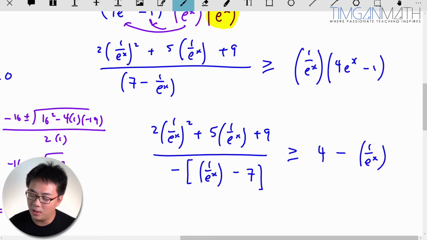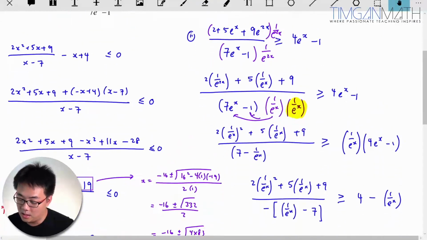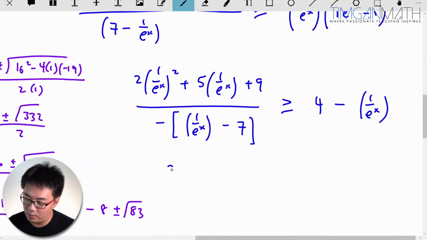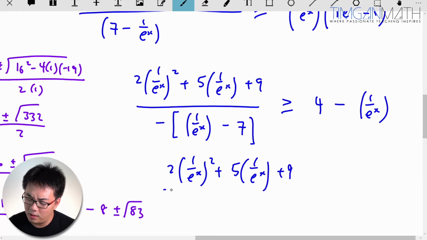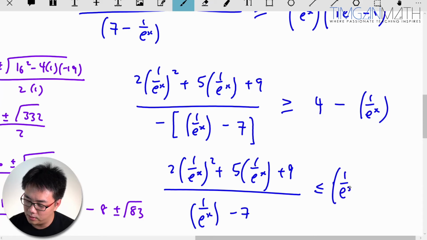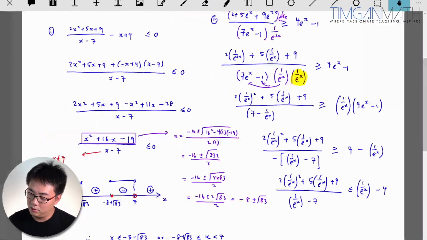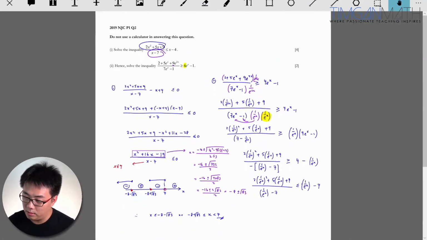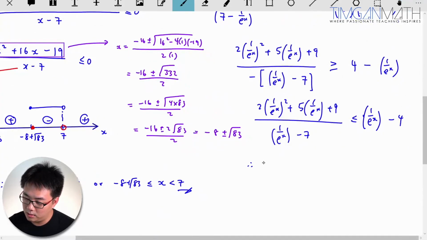You can see that what you need to replace is obviously 1 over e^x. Obviously in the exam you don't really need to write all this out. I'm just writing this out so that you can see what is being replaced. As long as you get it, you can just move on to the next part, because it's only 2 marks.